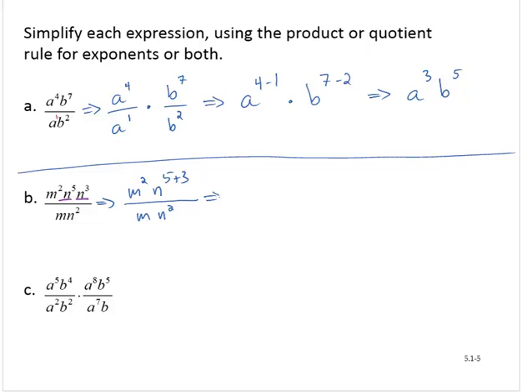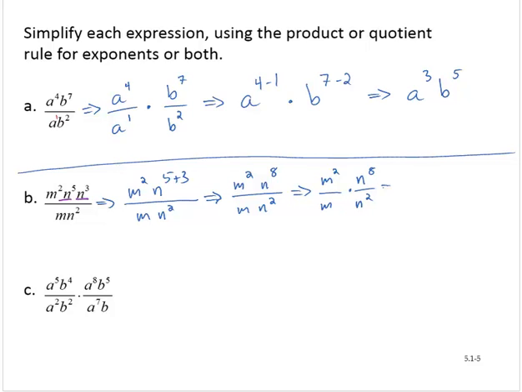And so then this is more simply m to the second n to the eighth over m n to the second. Now, like in the previous example, I can break this up into two fractions. M to the second over m times n to the eighth over n to the second.